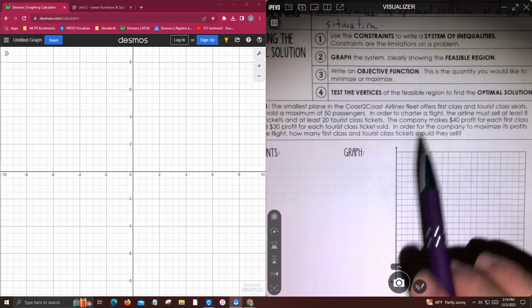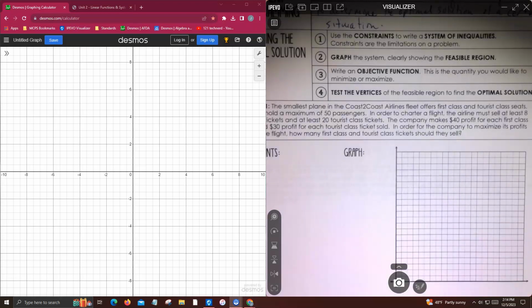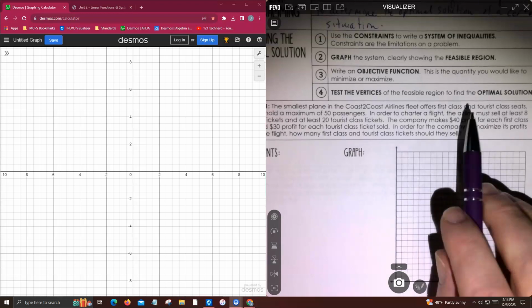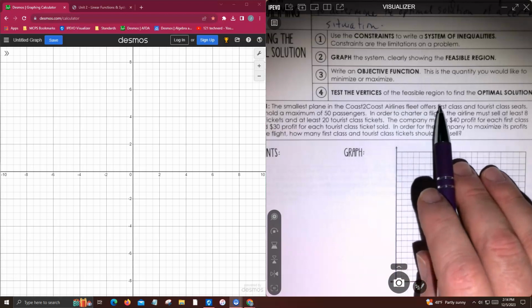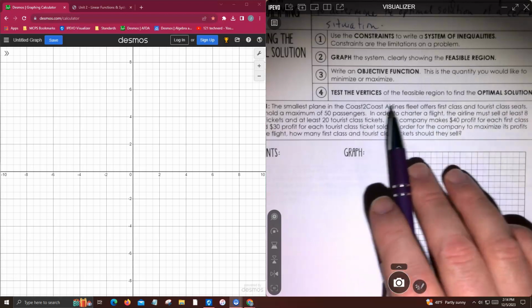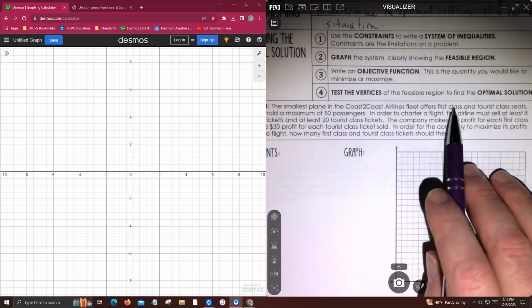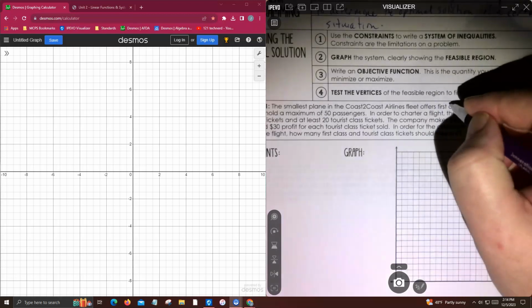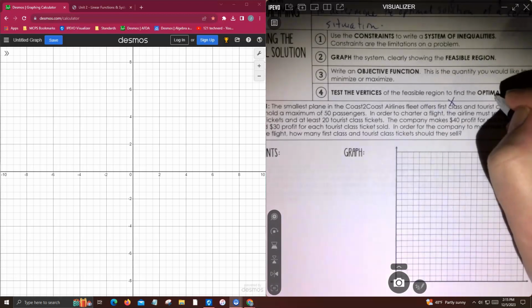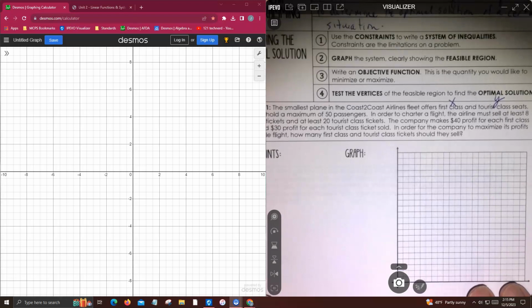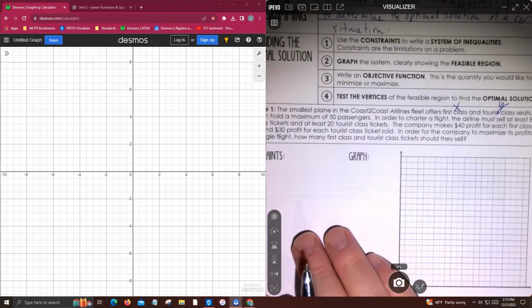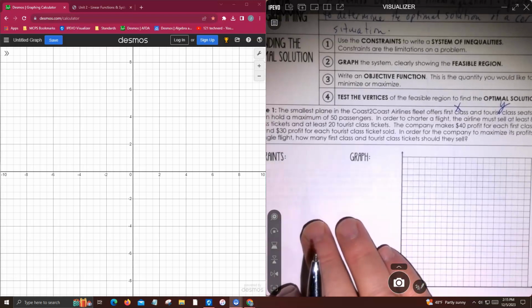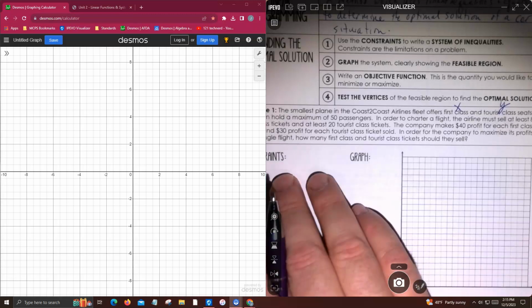So we want to know what will maximize their profits. First of all, as I said before, when you're reading this, usually the first sentence or two will tell you what the two things are. So in this case, my first class is going to be x and my tourist class is going to be y. So when I start to write my constraints or my inequalities, I will have you figure this out.